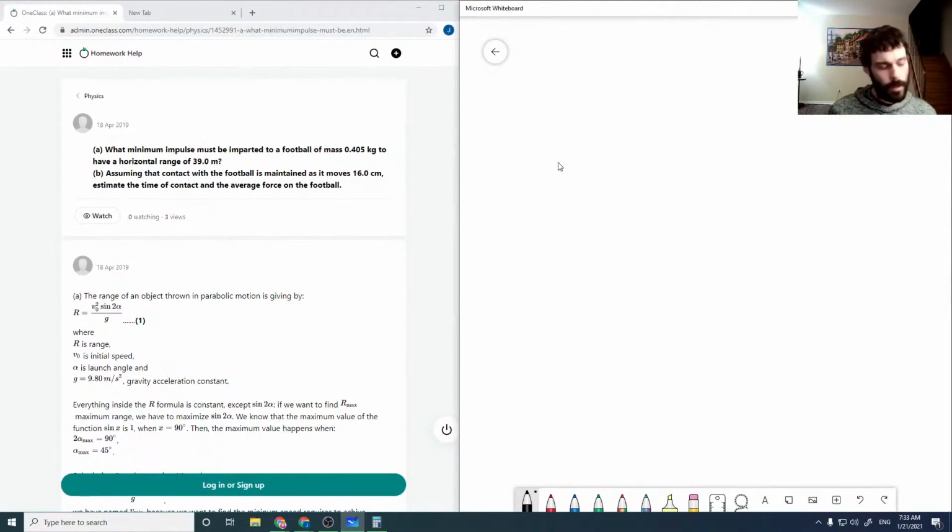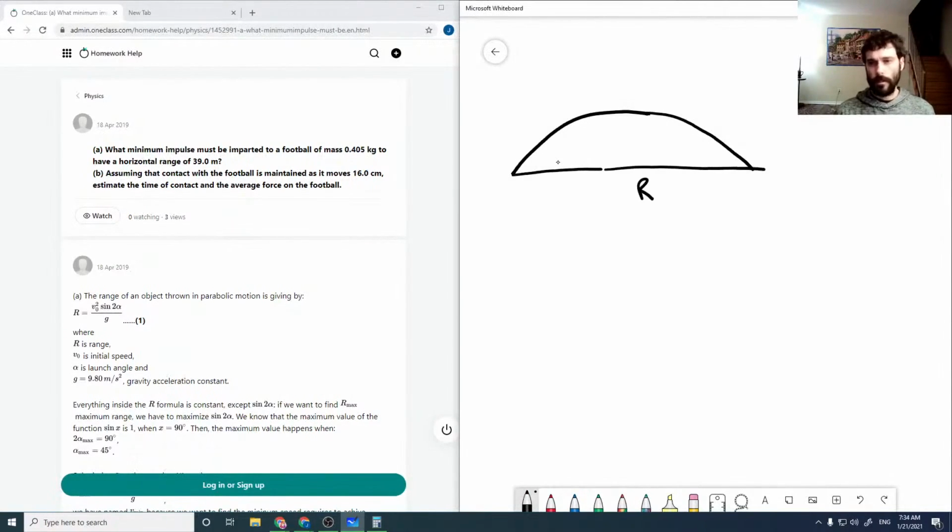What minimum impulse must be imparted to a football to have a horizontal range of 39 meters? So now if we look at this here, our football is going to travel in some parabolic motion, giving us some final distance r equals 39.0 meters.